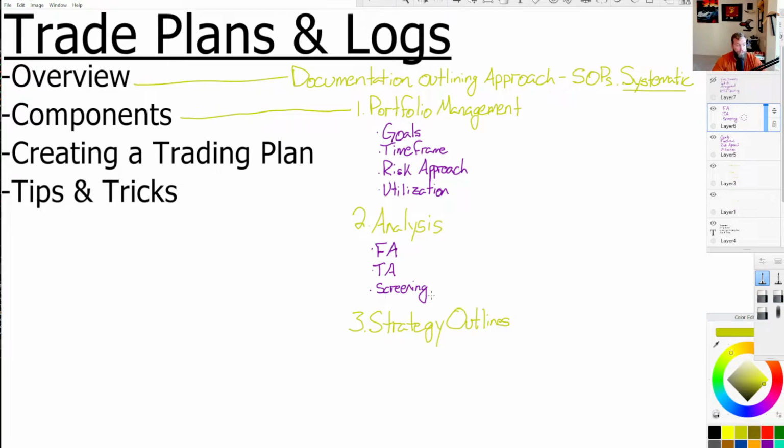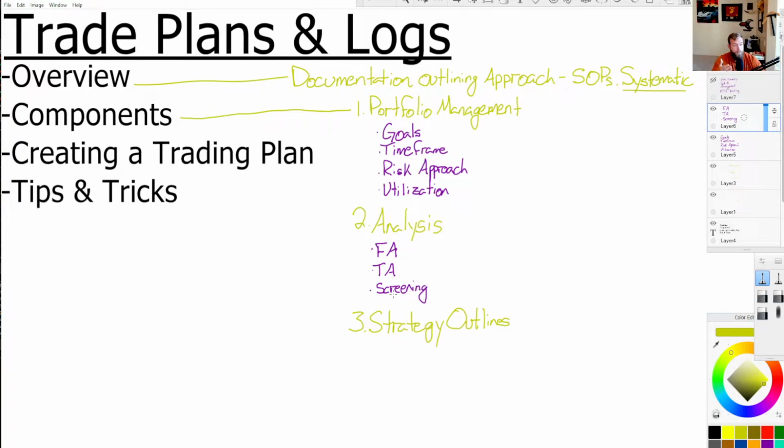And then screening. I have a ton of screening in the strategy outlines, but I also use kind of like a broader screening bucket in the broader analysis section, because these are things that I require of anything I'm going to trade. Things like liquidity. That needs to exist if I'm trading a covered call, if I'm trading short puts, if I'm even trading long stock.